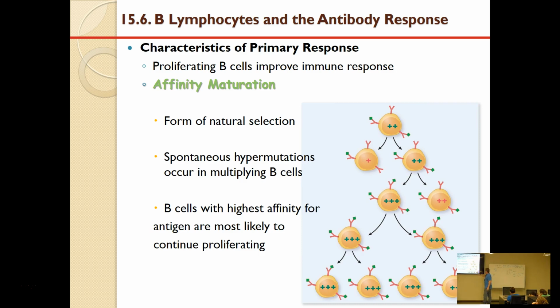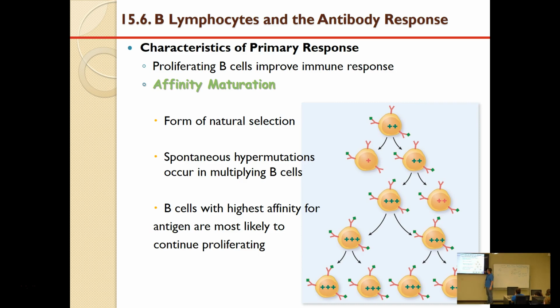And so sometimes it makes one that's not as good. The very first one is pretty good. They gave 2 positives, just trying to demonstrate something here. It's a pretty good match. But when it went through its first round of proliferation, it made one that was not as good. That one just dies off through apoptosis. It's not used.